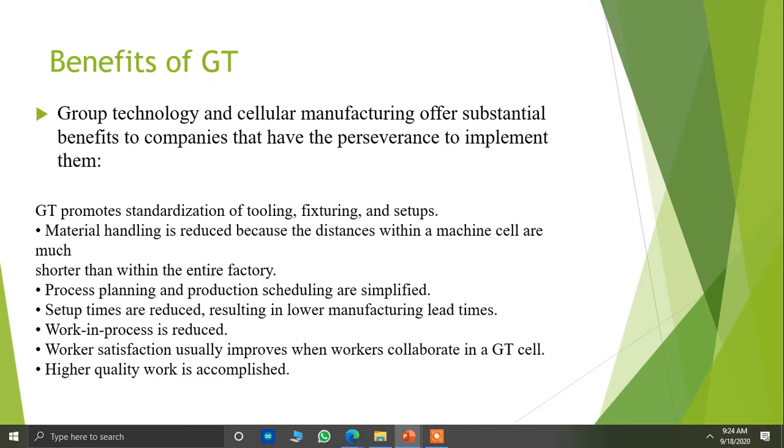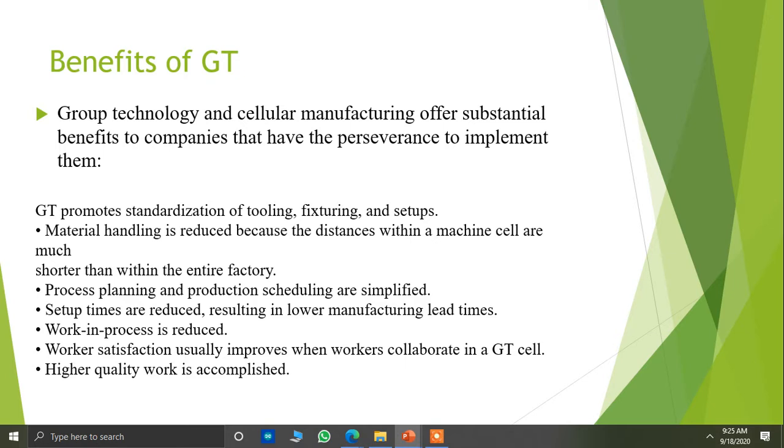Why? Any idea? Since you are grouping the things together, the biggest advantage is you can estimate the process time. Yes or no? So your production planning can be very much scheduled.